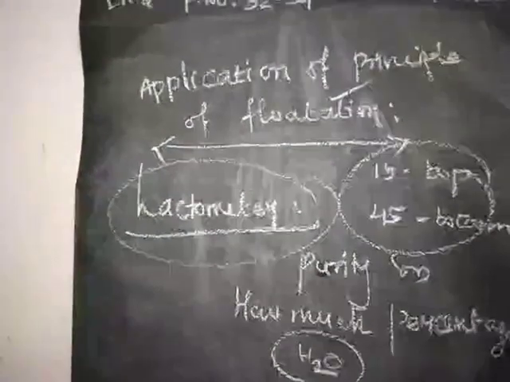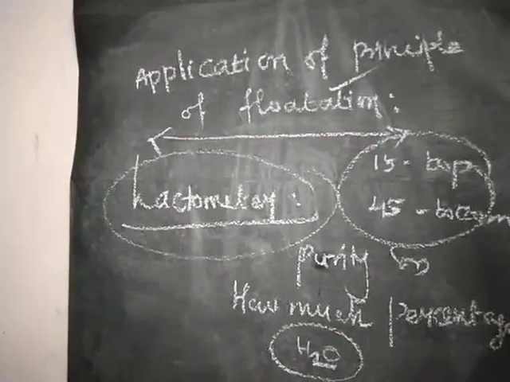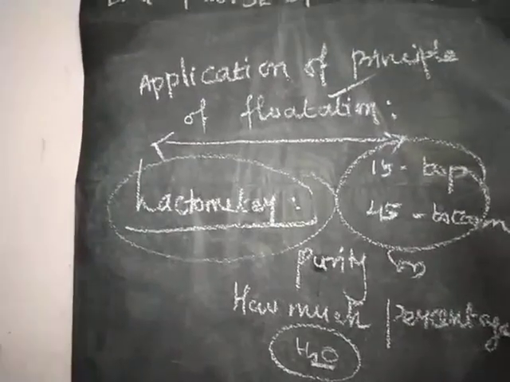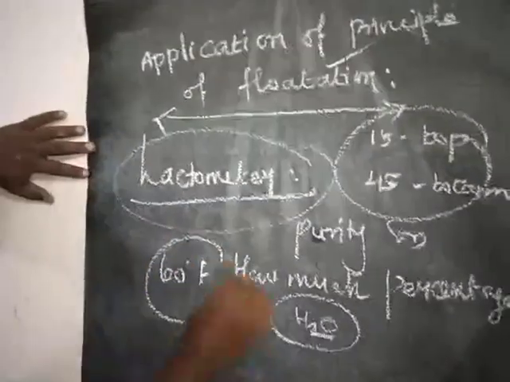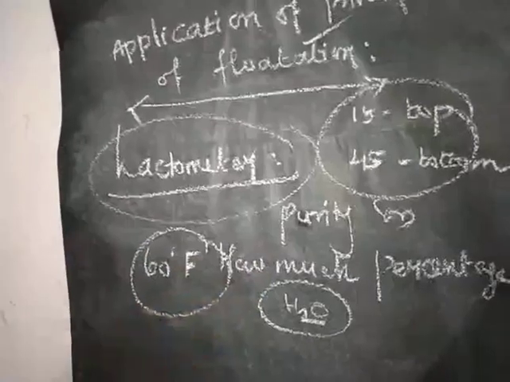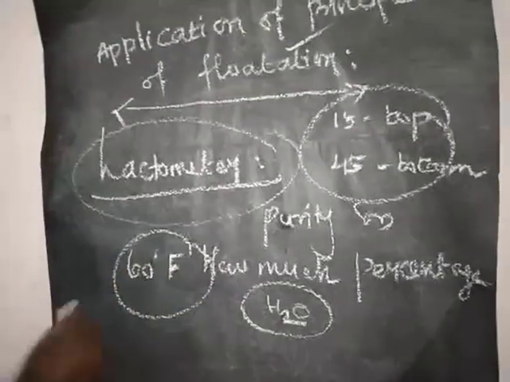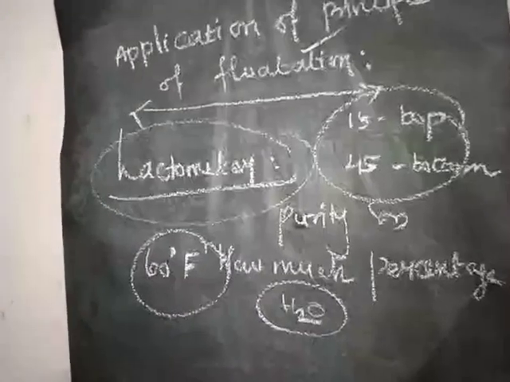Either we can use degree Celsius or degree Fahrenheit. In our textbook, degree Fahrenheit is given, exactly 60 degree Fahrenheit. So we have to maintain the temperature at 60 degree Fahrenheit.